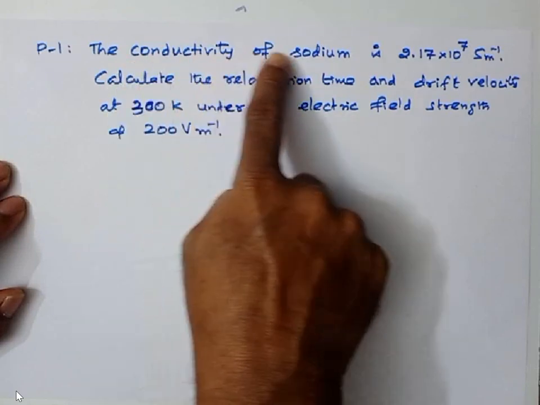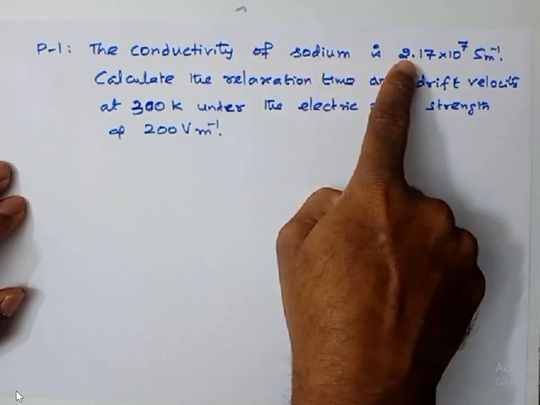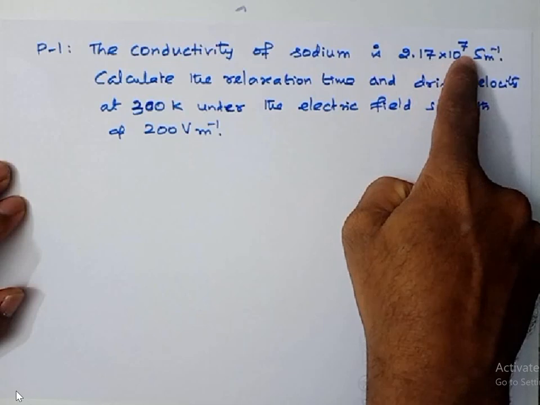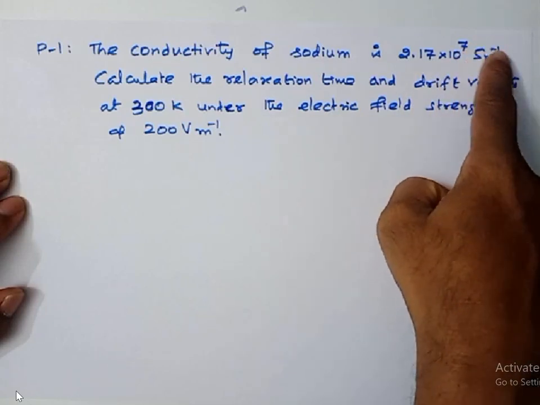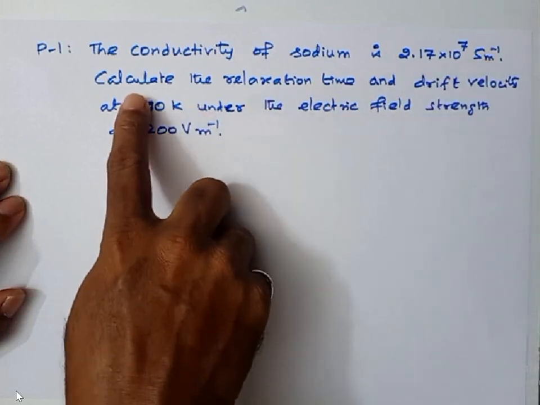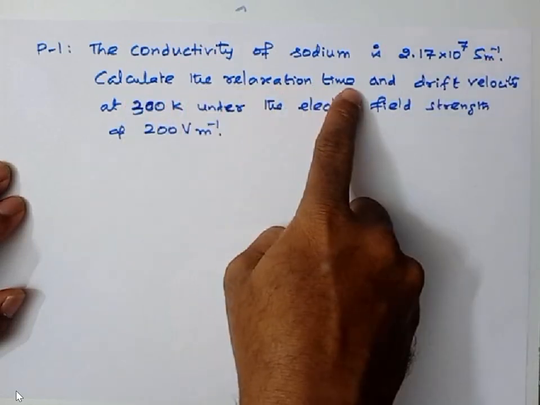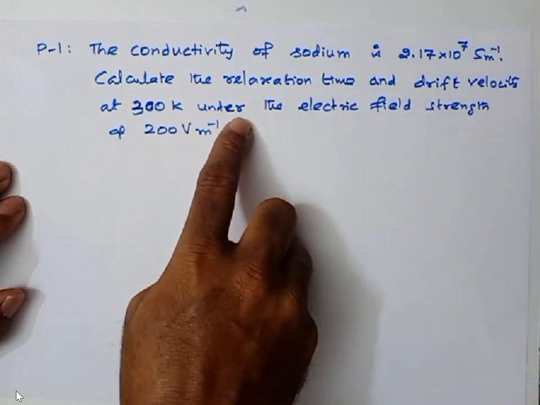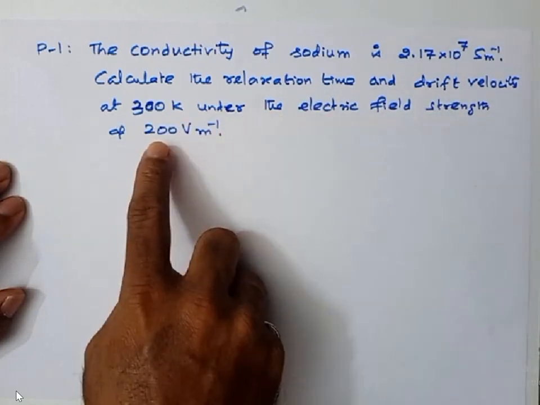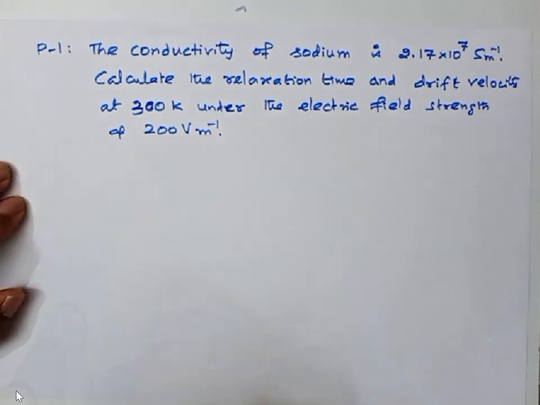The conductivity of sodium metal is given as 2.17 into 10 power 7 Siemens per meter. It is given in SI unit. So watch this carefully. Calculate the relaxation time and drift velocity at 300 Kelvin under the electric field strength of 200 volt per meter.